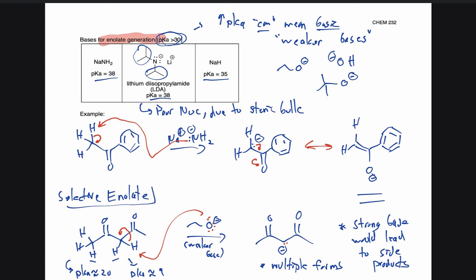These are slightly weaker than these nitrogen examples. So while they're still strong bases, they're weaker than these nitrogen bases. Just something to keep in mind, and we'll see more examples of this as we go forward with the notes.